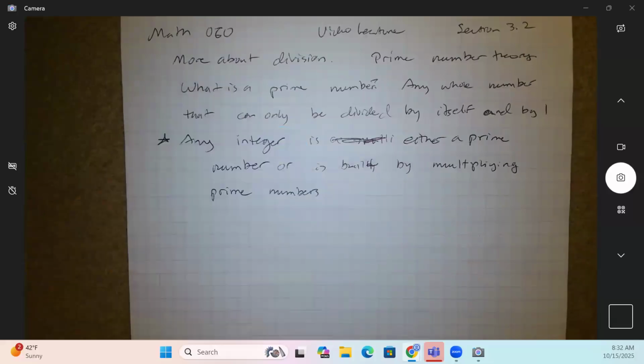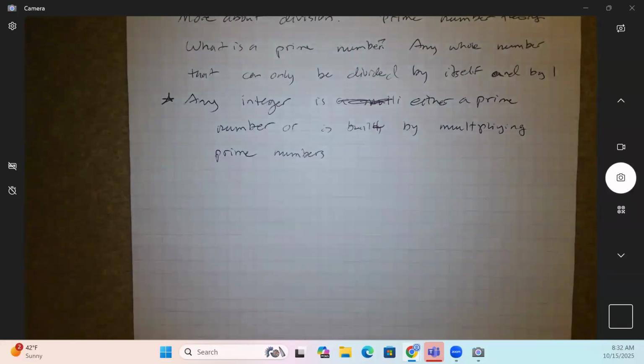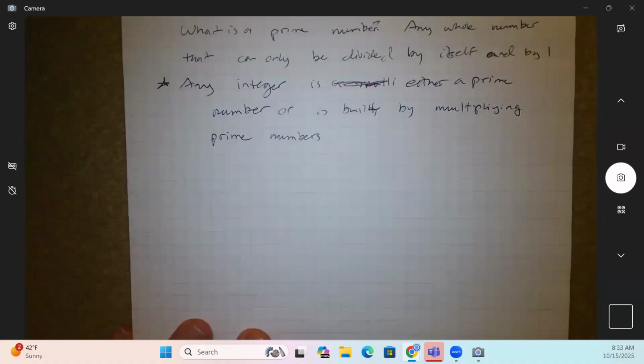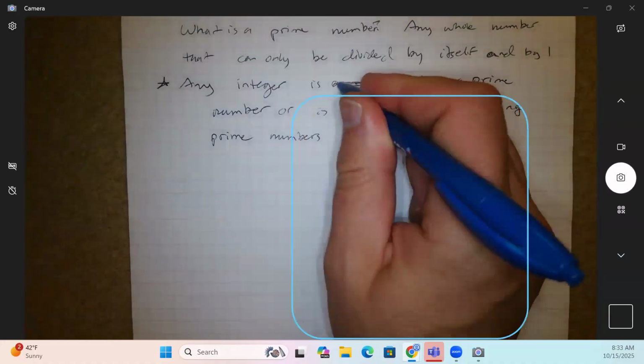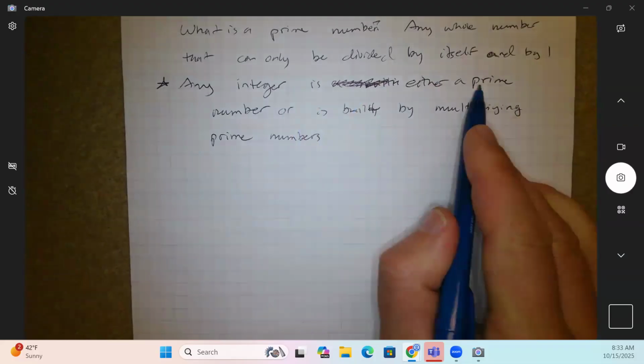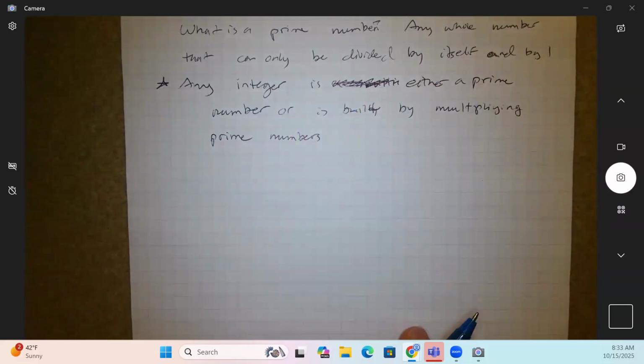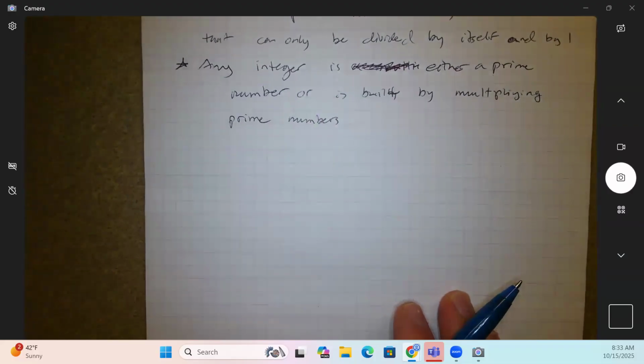All right, this is like a super cool idea from math. This is a type of math called number theory. Any integer you could think of is either itself a prime number or is built by multiplying prime numbers.